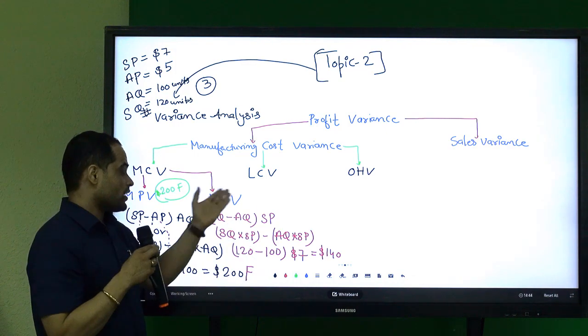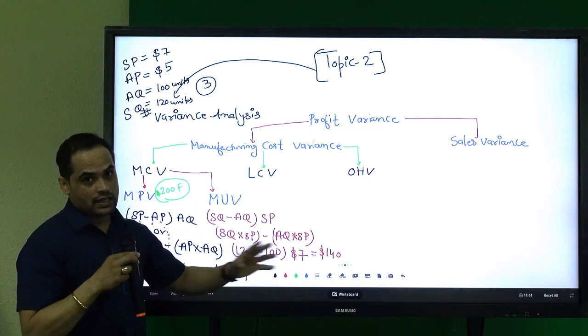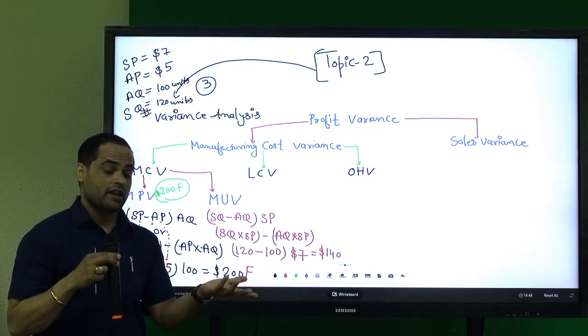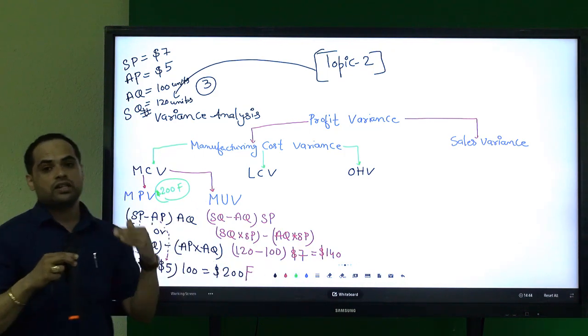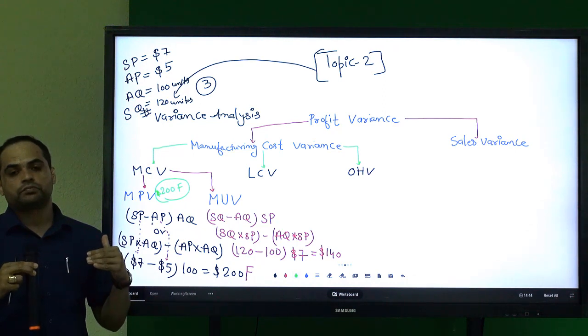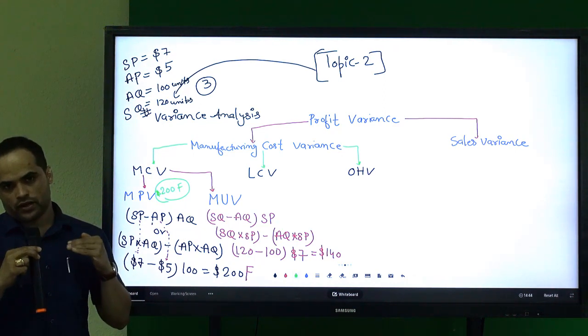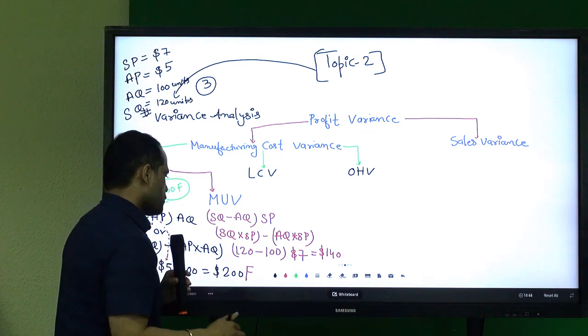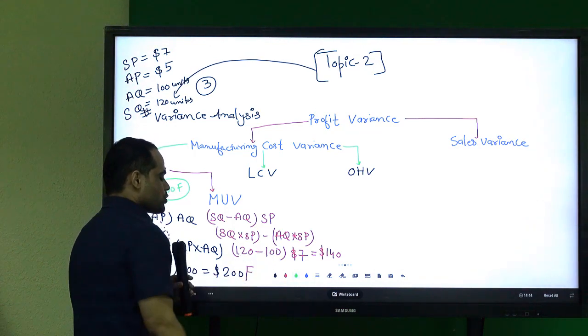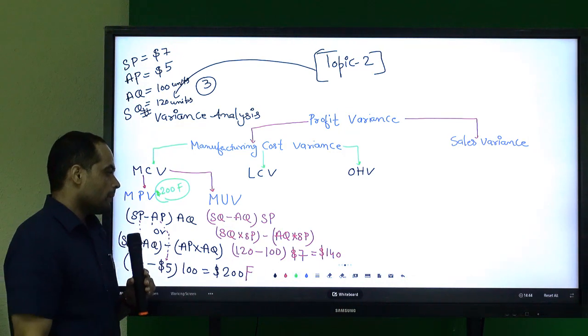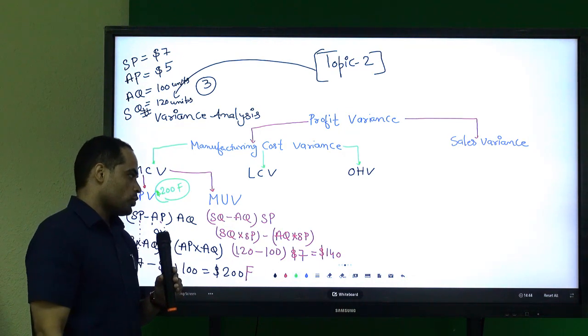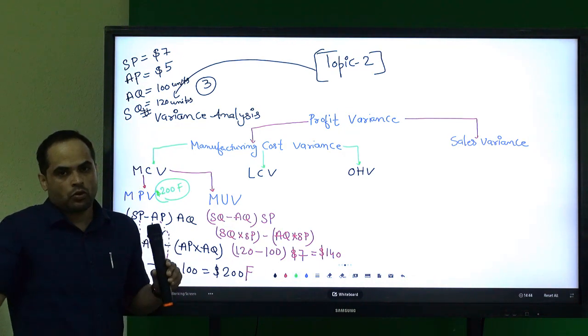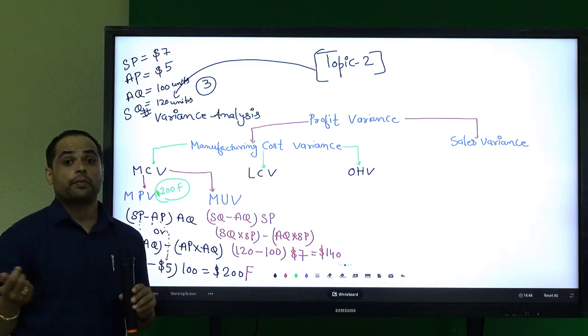From the cost point of view, yes, we are saving cost, but again keep in mind that we should maintain the quality of the product as well. So I am saving 20 kilograms per product.